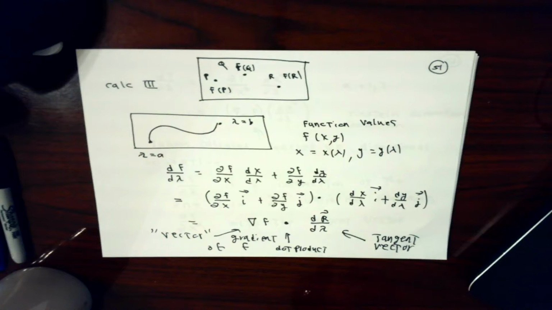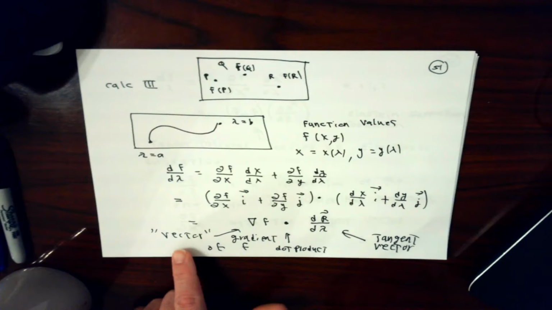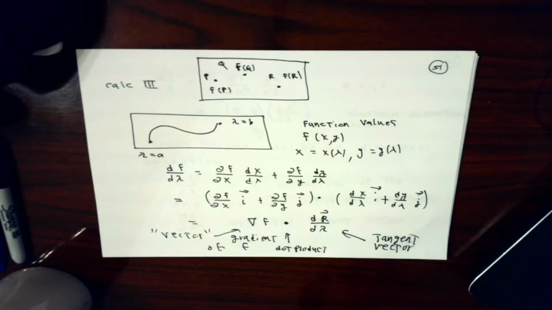If lambda were time, dr d lambda would be the velocity vector. Also, it's worth mentioning the word vector here is in quotation marks because we've since discovered that the quantity gradient f is not actually a vector quantity but a one form instead.